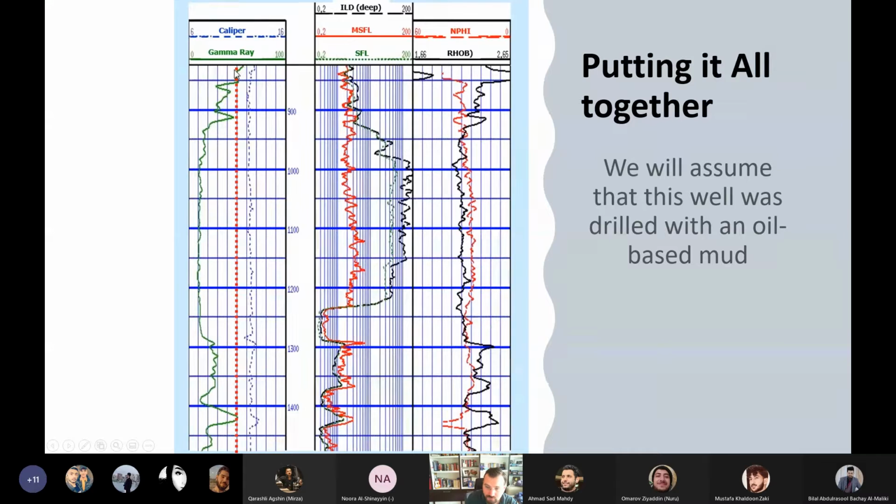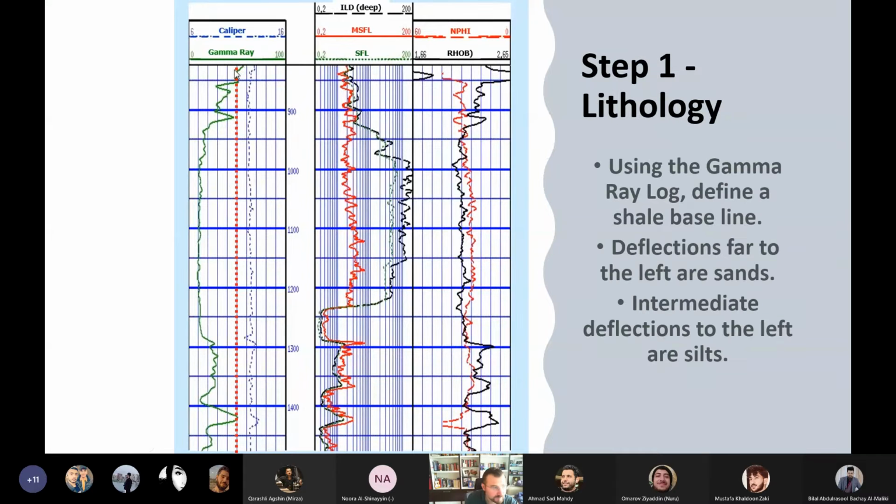So step 1, the lithology. Using the gamma ray log, we define where there is shale or no shale. The deflections far to the left are sands.